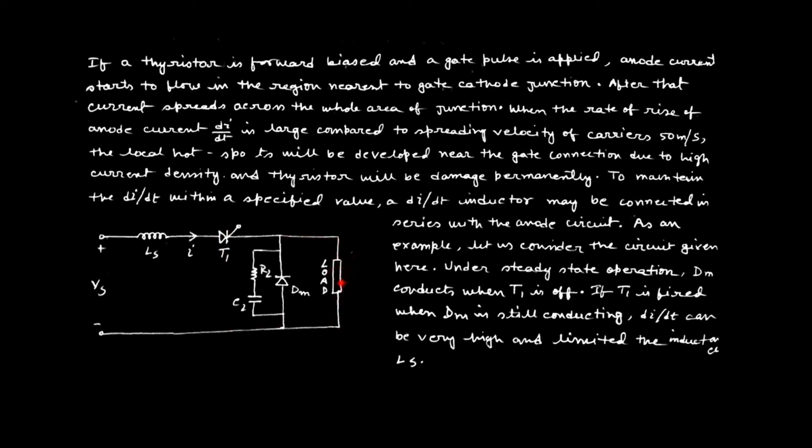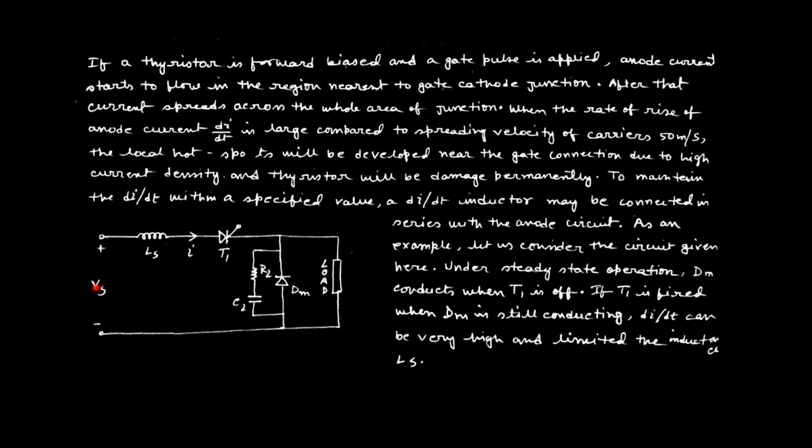If this load is an inductive load, a freewheeling diode can be connected here. And to protect this diode, normally a snubber can be connected across the diode DM. So this is a different issue.